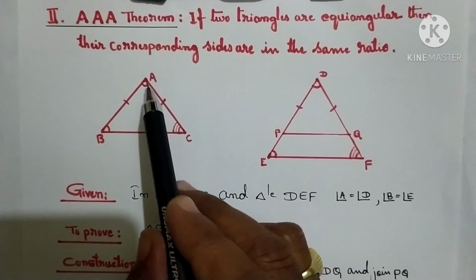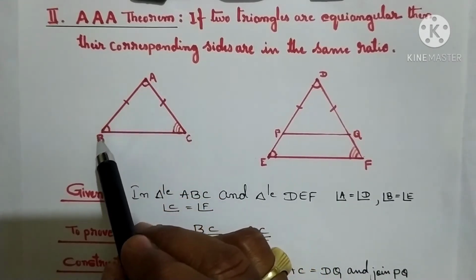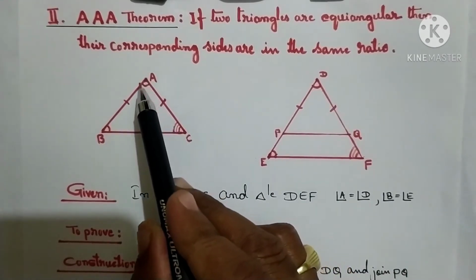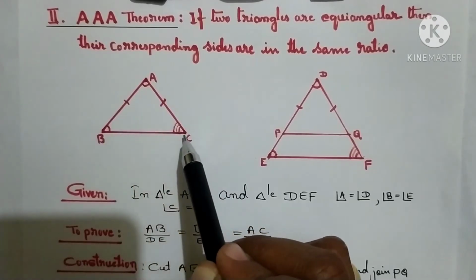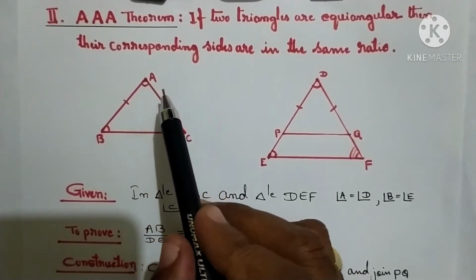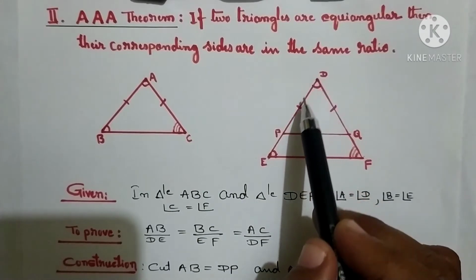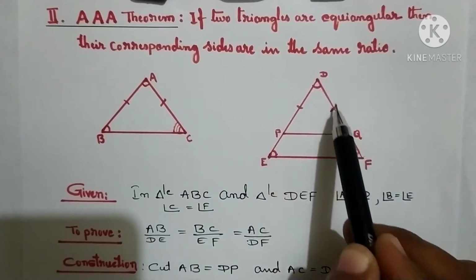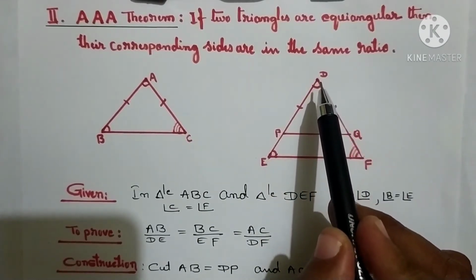Now see here, in triangle ABC, next in triangle DEF, you take these two triangles.